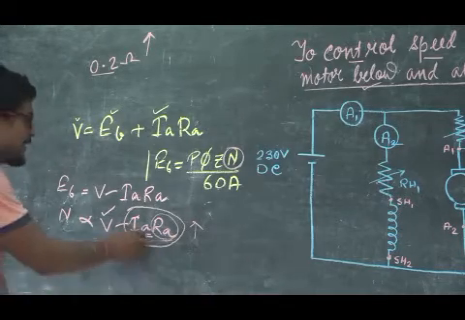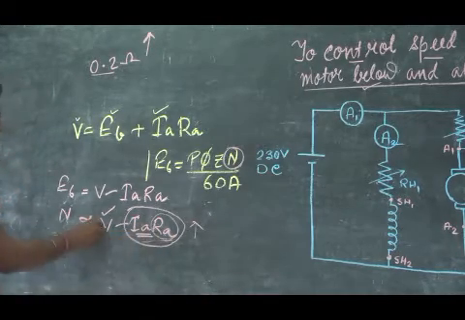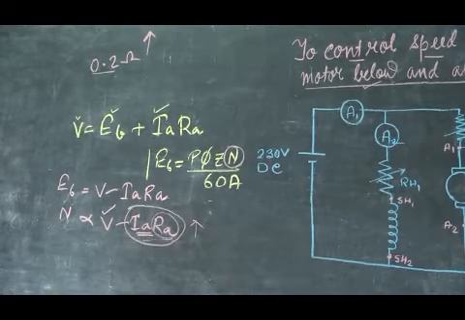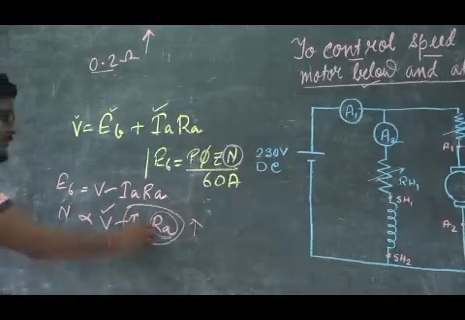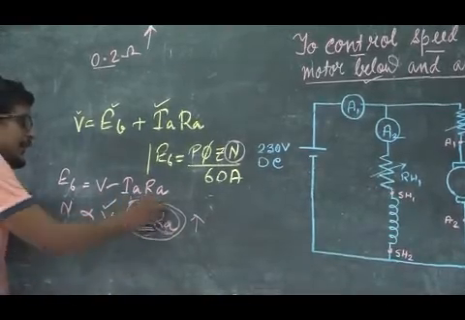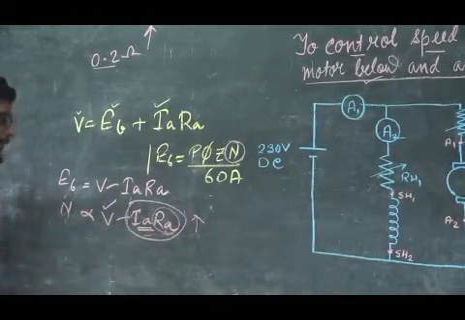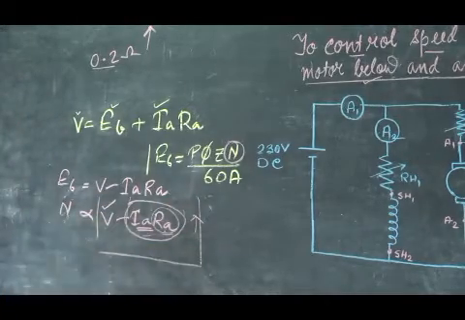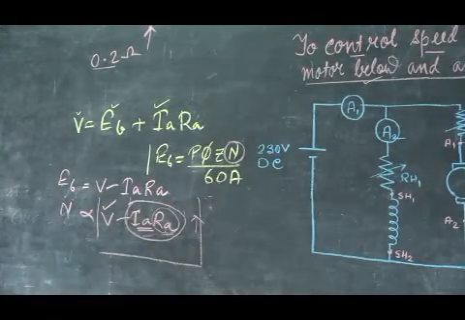If the IA RA product increases, the value deducted from V increases. That means with the rise in resistance, the term IA RA will increase and the difference with V will decrease. So the final value of V minus IA RA will decrease.